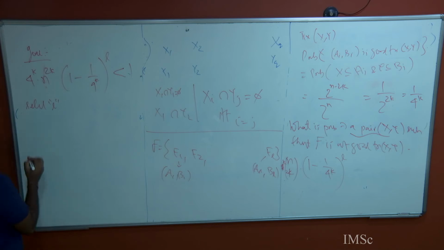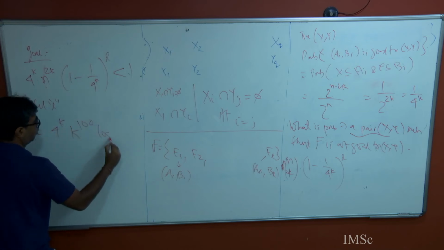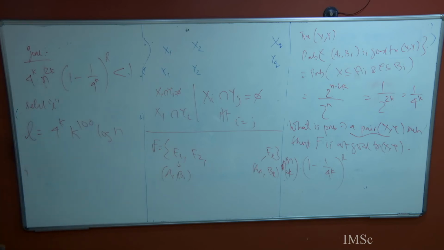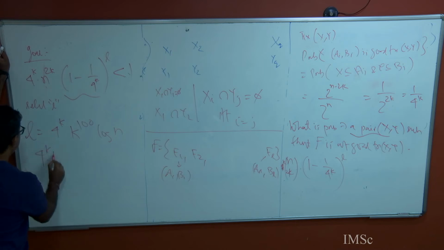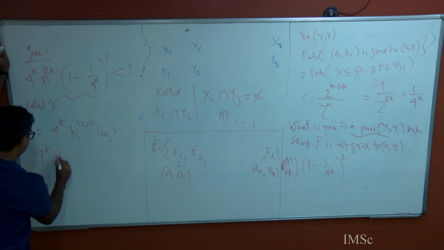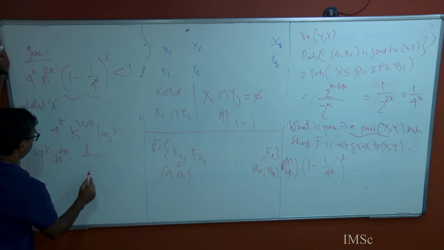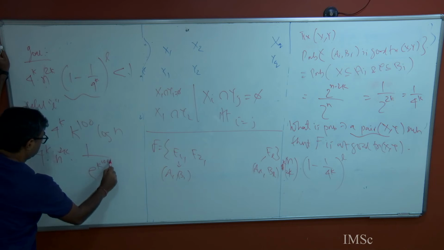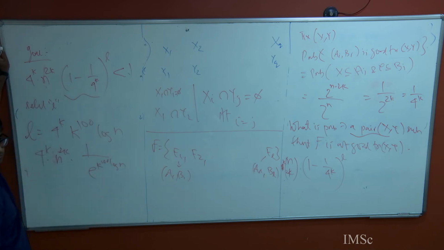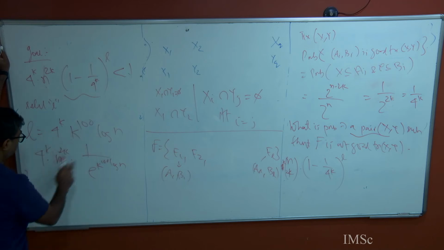What should I choose L equal to? Suppose I choose L equal to 4 to the power k times k to the power 100 times log n. Let us see what we get. Substituting this L, we get 4 power k times n to the power 2k times e to the power minus log n to the power k to the power 100.